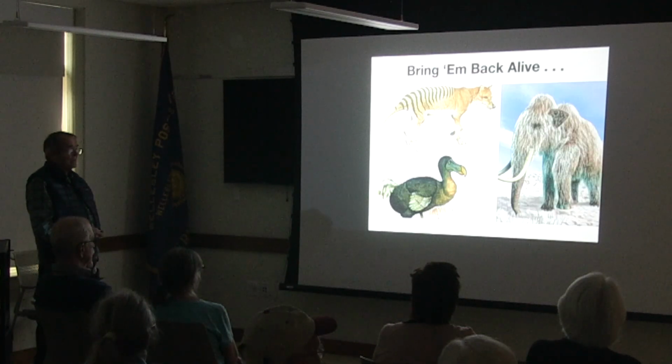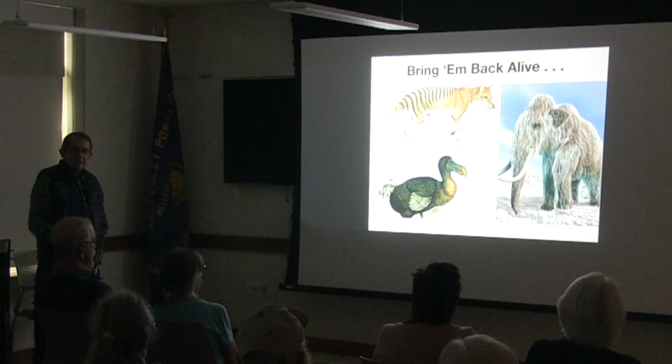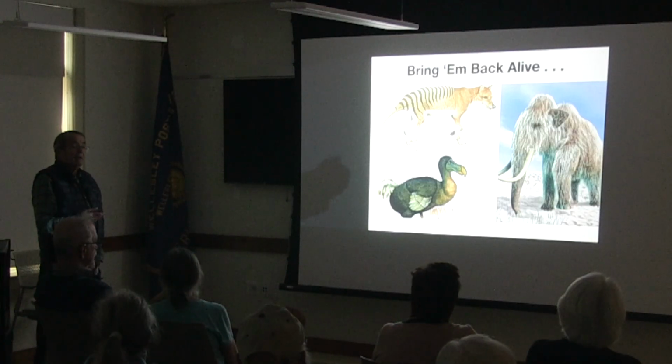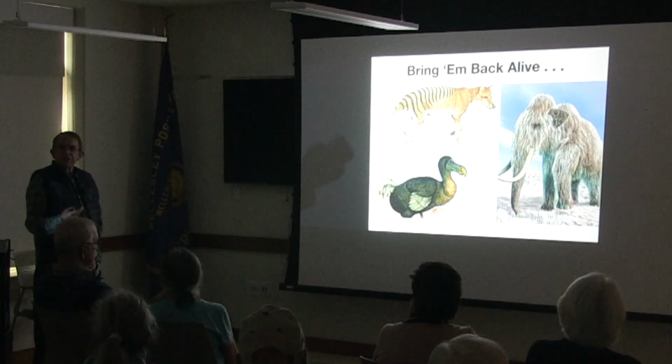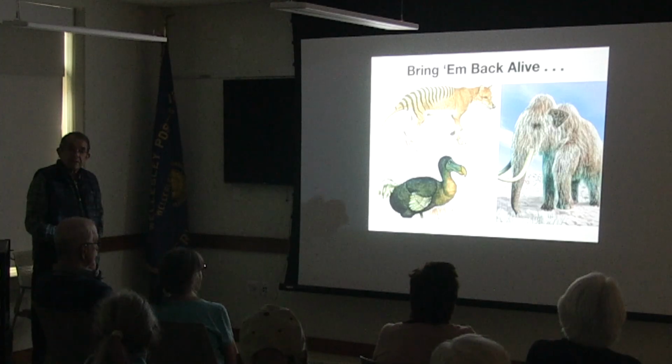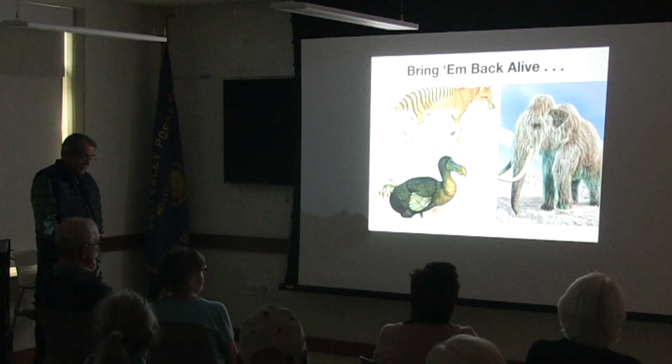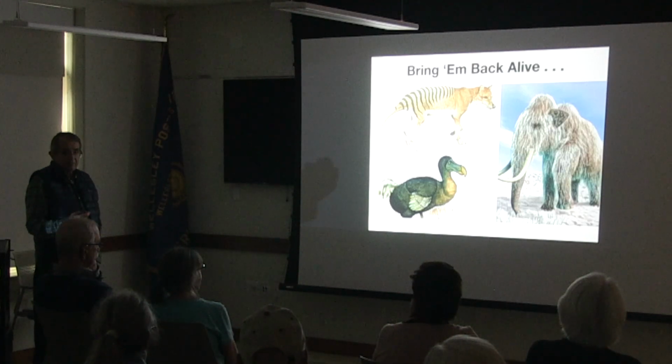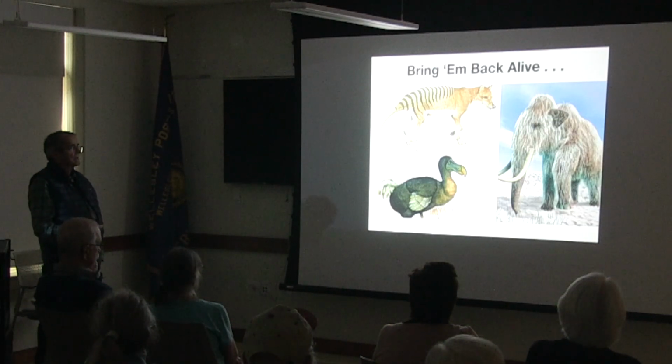The stripes, I think. And of course the woolly mammoth, okay? These guys get frozen. 30,000 years old, but they freeze. And from that material, you can extract some pretty good DNA, some pretty good genetic stuff.